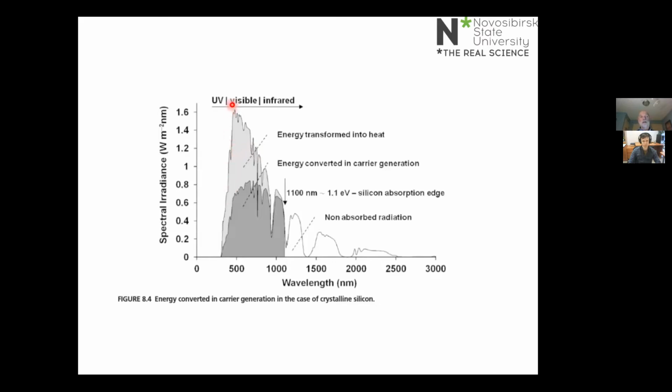So this curve here shows a typical situation for a silicon PV cell, where the darker grey area down here is the energy that cell can convert into electricity, because the energy above that and in the right wavelength band goes into producing heat, and the energy at the higher wavelengths is just not available to that particular technology. So you can probably get a sense from this why multi-layer technologies work.